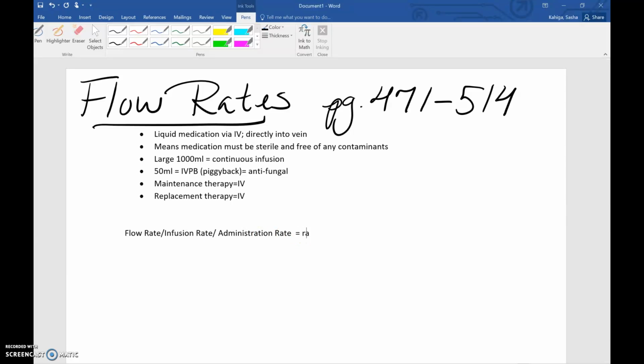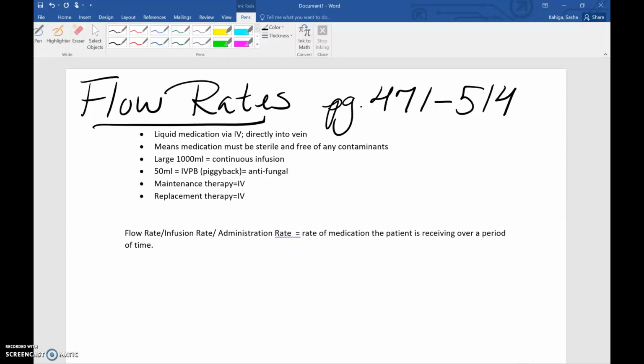It's the rate of medication the patient is receiving over a period of time.